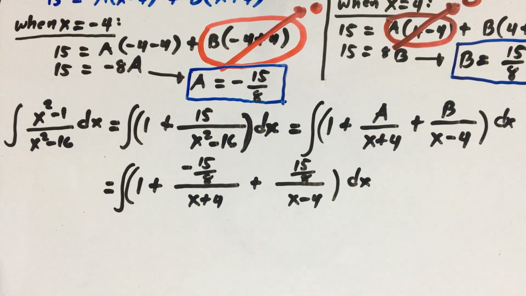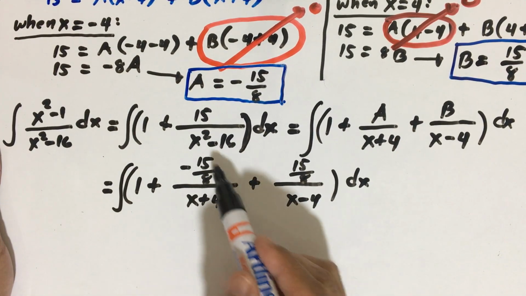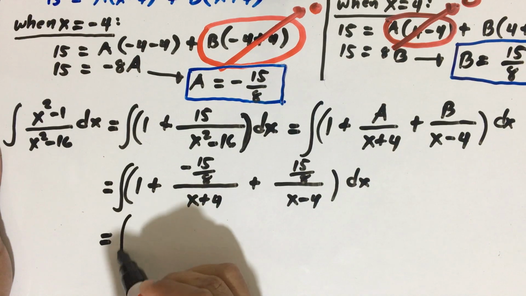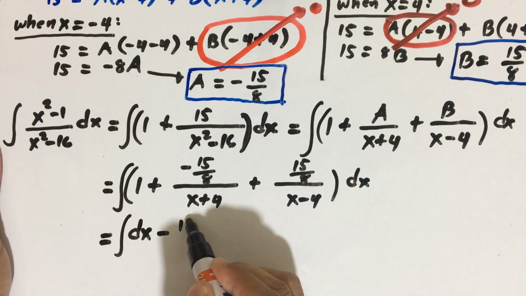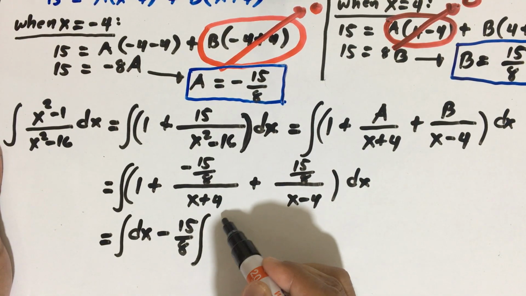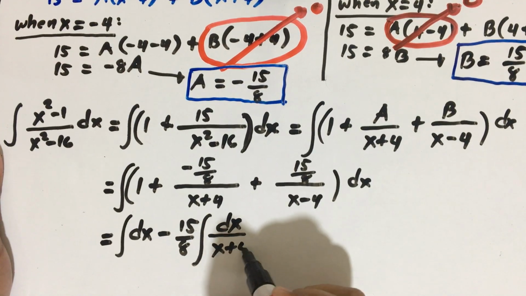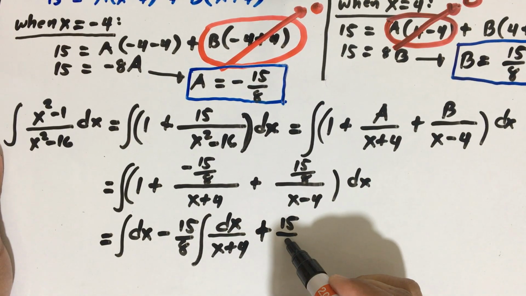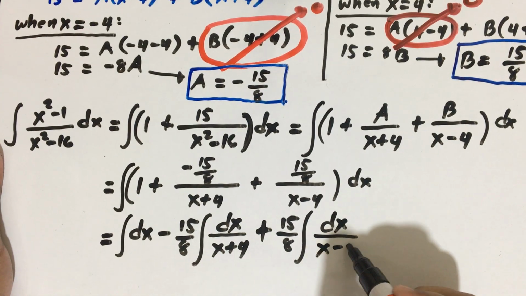Then integrating each term, we can rewrite this as the integral of 1 times dx, that is dx, then minus 15 over 8, dx divided by (x plus 4), then plus, putting the constant outside the integral sign, dx divided by (x minus 4).